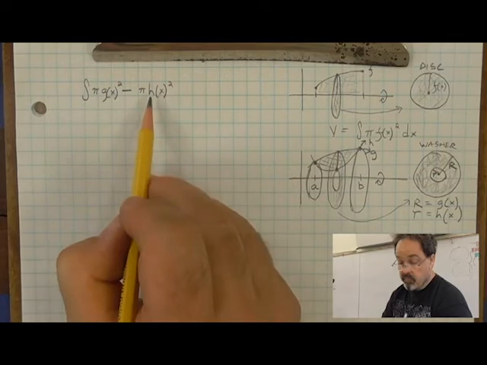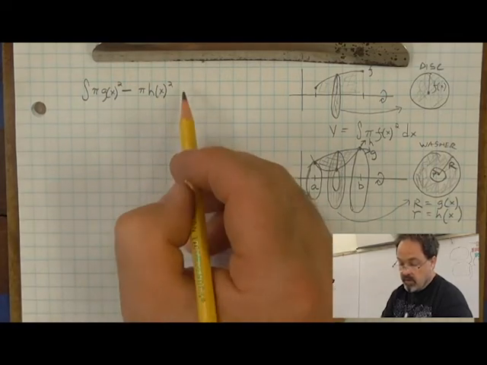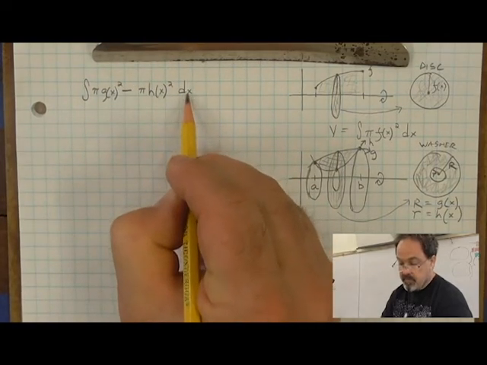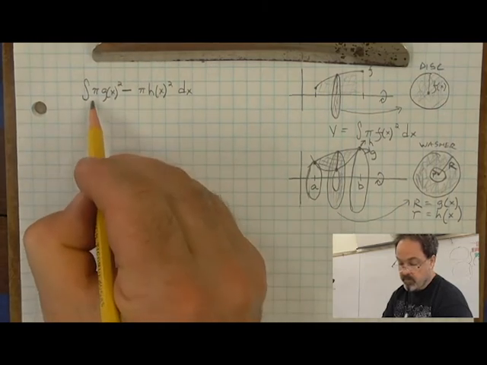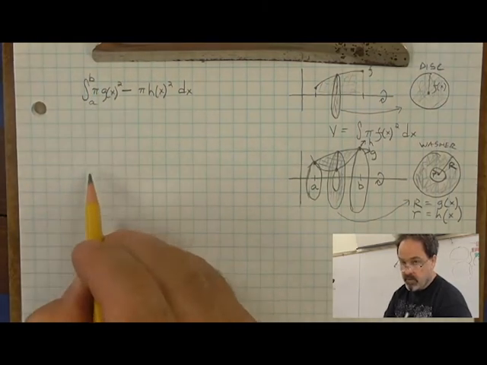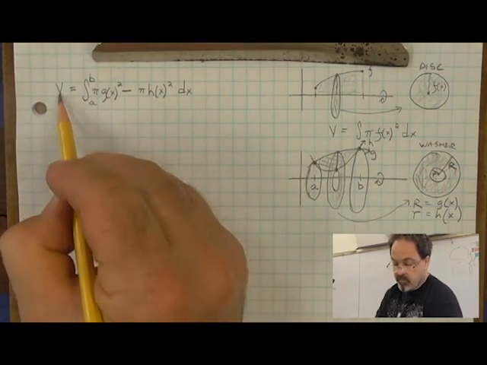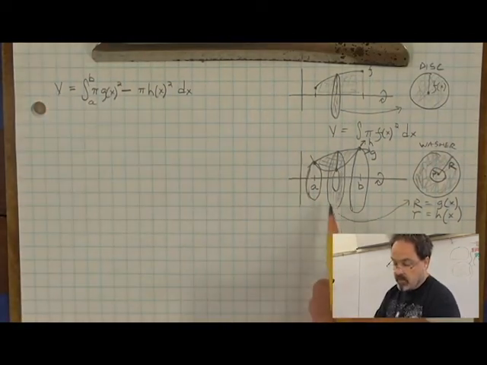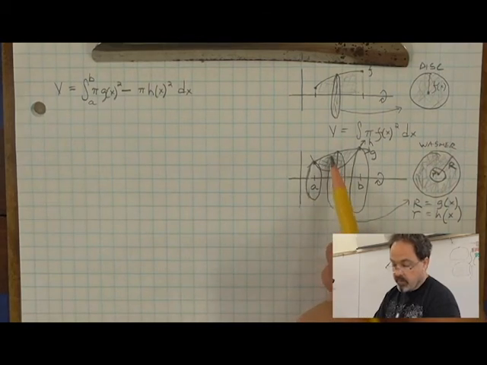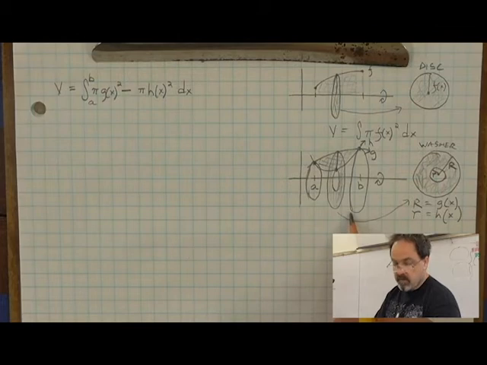These are each formulas for the area of a circle. And if we integrate with respect to x on the bounds from a to b, then this integral represents the volume of the solid that gets created by rotating this entire area between these two curves around the x-axis.